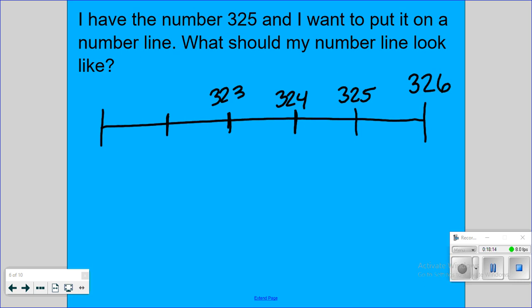Logan? 322. Logan, you need 2 number lines because we did one together and now we're on this number line. What's the starting number for this one, Gwen? 321. Very good.